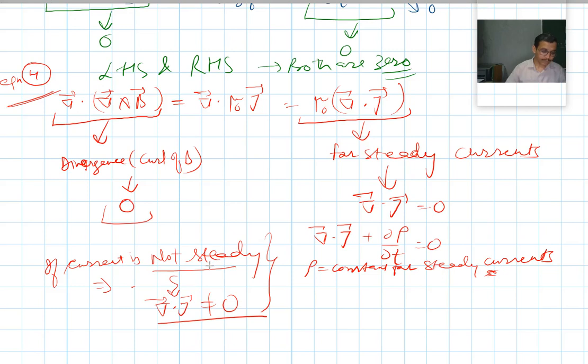To understand this more closely, let us take an example. Here I am considering the charging of a capacitor.